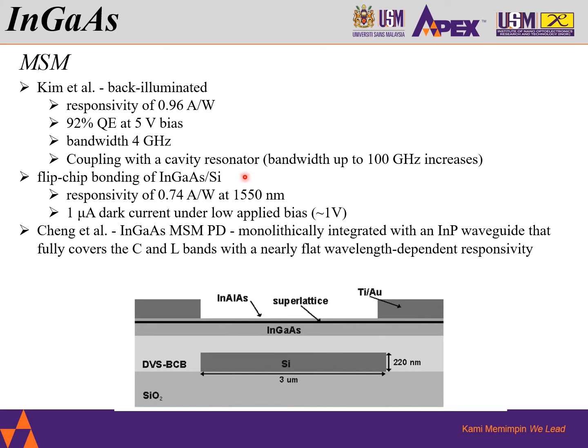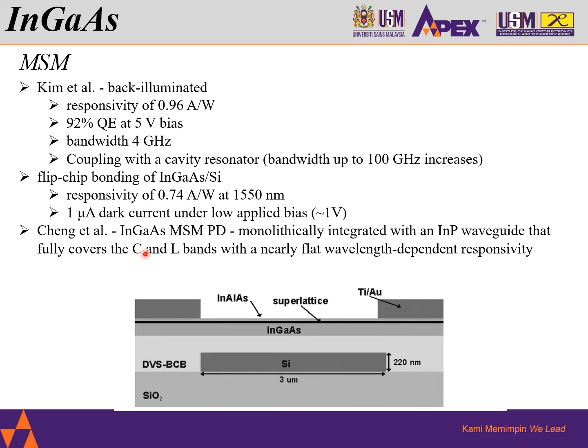Recently, with flip chip bonding of an indium gallium arsenide MSM diode on a silicon substrate, a responsivity of 0.74 A/W at a wavelength of 1550 nanometer was achieved with a 1 microampere dark current under low bias, approximately 1 volt.